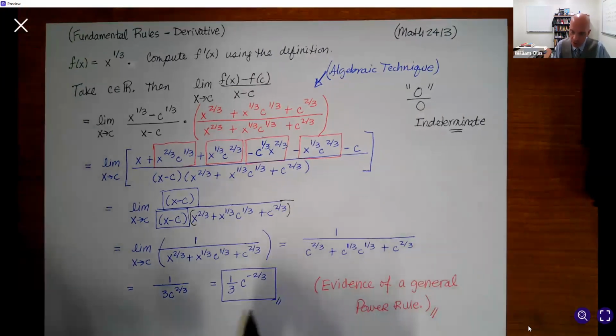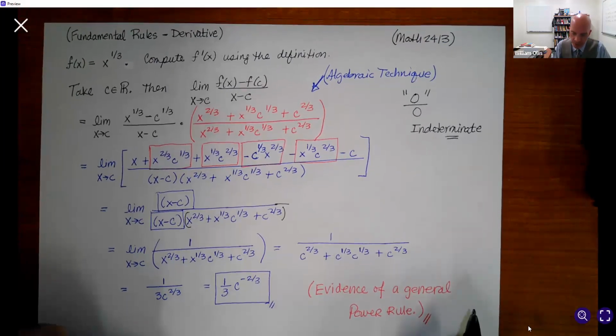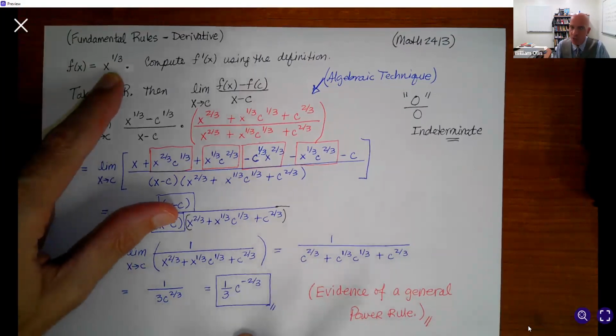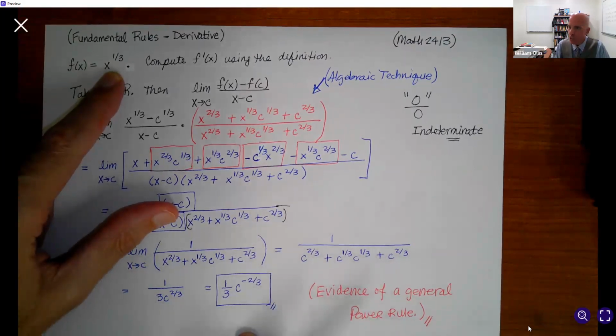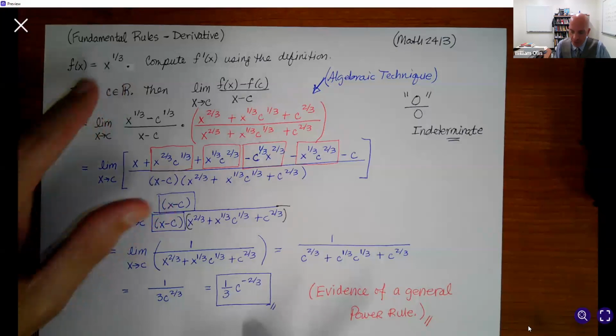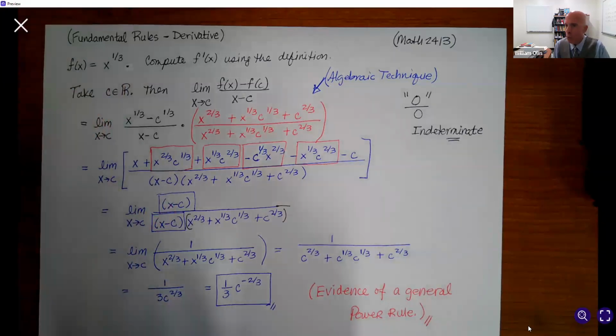Now, if you look closely at this, we can compare this to the original function, and this is where the general rule comes in. For right now, in this course, we will apply this rule to power functions that have integer powers and rational powers.